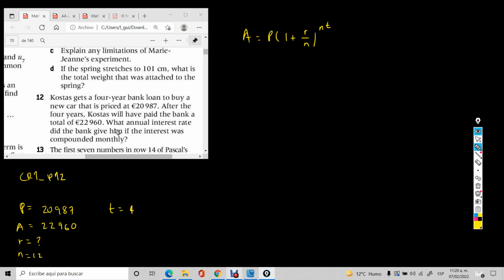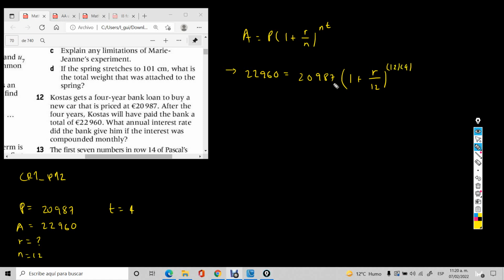And basically this is just a plug in the numbers type of problem. All you need to do is this. You have to substitute all the stuff in its proper place. That's it.